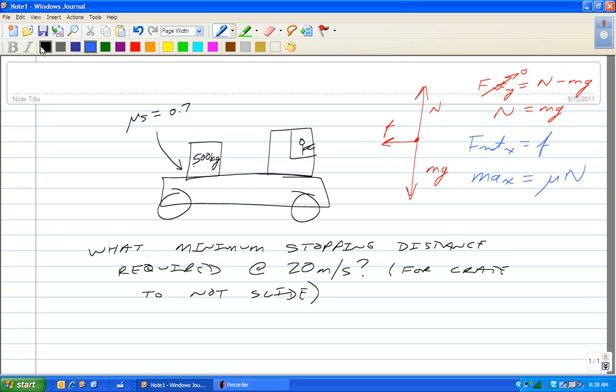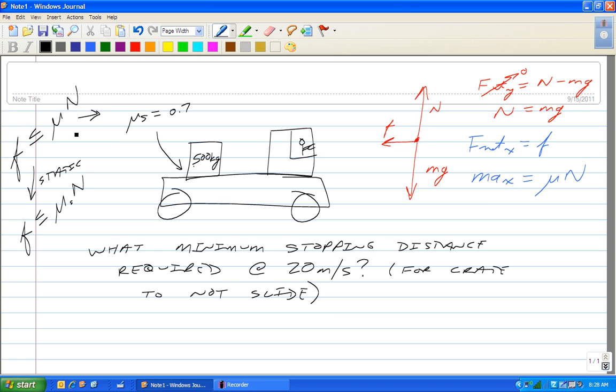And we reminded ourselves that the equation for friction is less than or equal to mu normal. When it's static friction, it's a smart force, and so it can be less than or equal to the static mu times the normal.